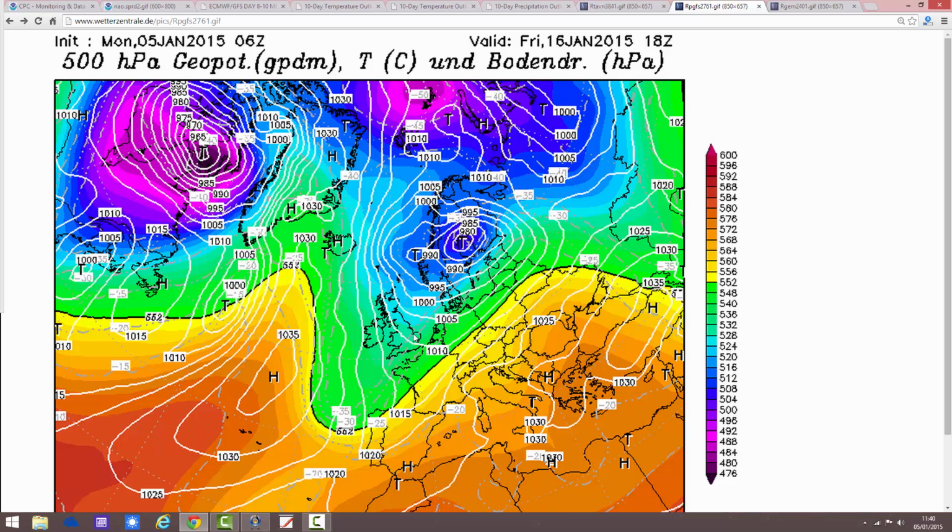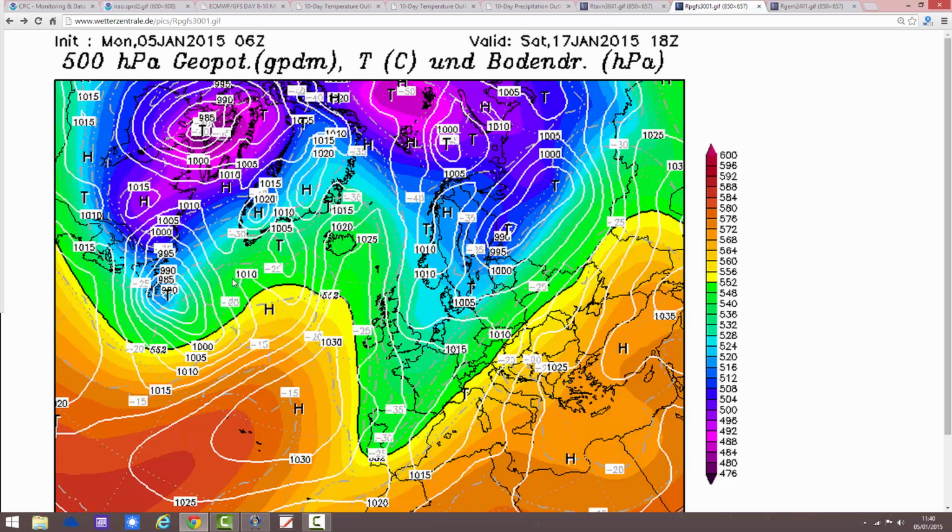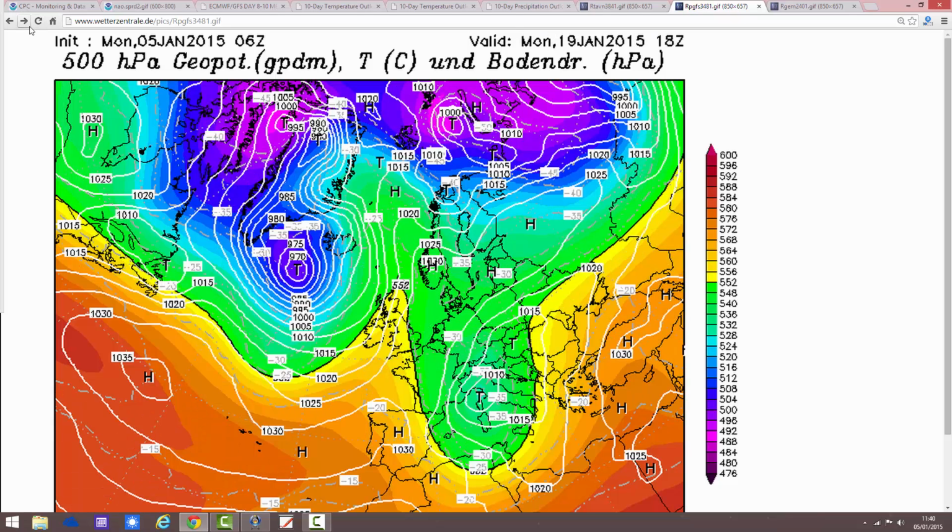So there's still that idea here that later on, just after the middle of the month, we could bring down this cold northerly wind, and then the high pressure topples in over the country again as we go through to Saturday the 17th. And we finish up on Monday the 19th in this sort of position with the high pressure sitting generally over and to the east of the country, these weather systems trying to come in from the west.